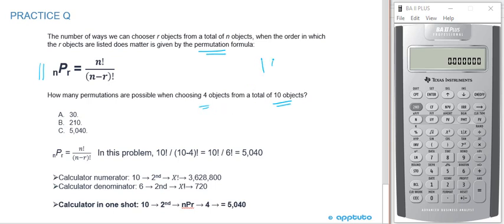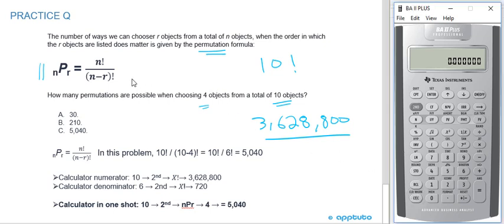So if we want to do it the long way, we have to do 10 factorial. So we're going to do 10, second, above the multiplication key. And we're going to get a very long number there, but don't worry, that's 3,628,800 as my numerator, okay? And then as my denominator, I'm going to have n minus r, and that's 10 minus 4.